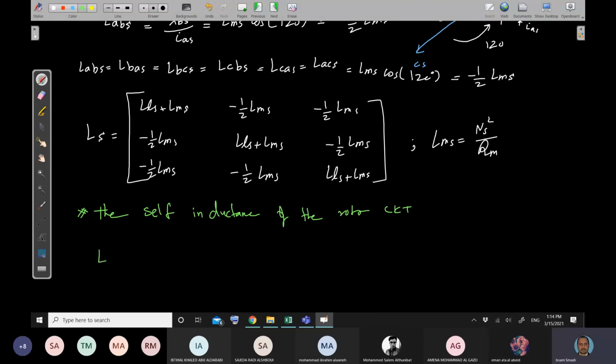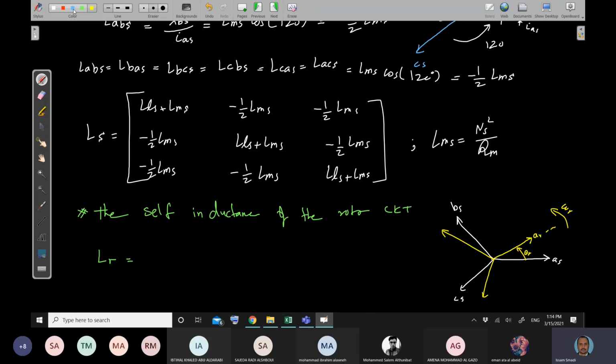Now, let's see. If this is the AS, this is the BS, and this is the CS, and let's assume that this is the AR, and the rotor is rotating with the rotor speed omega r, and the angle between here and here is theta r.